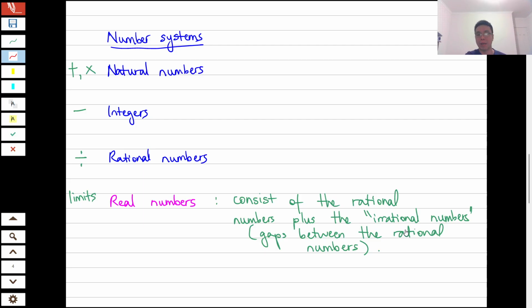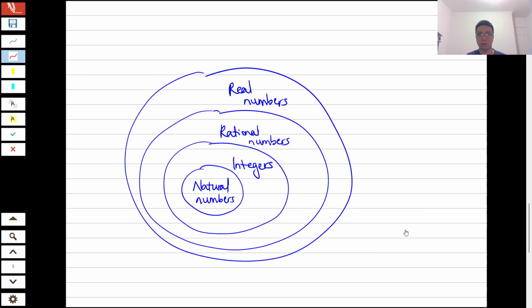And based on those two things, I'm just going to do one final slide with some examples where I give you a bunch of numbers, and I want you to tell me whether the number is rational or irrational. And the way that I want you to think about this is every natural number is an integer.